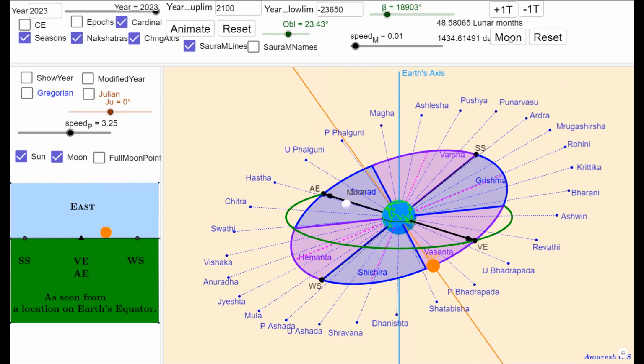So we already call this Chaitra. So the next round you have to call it Vaishak.